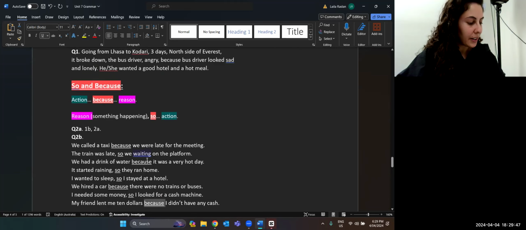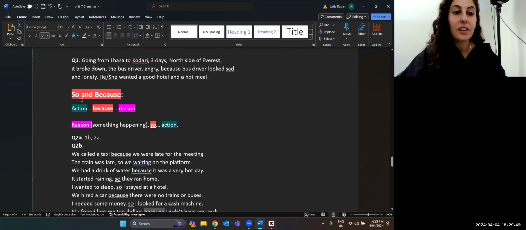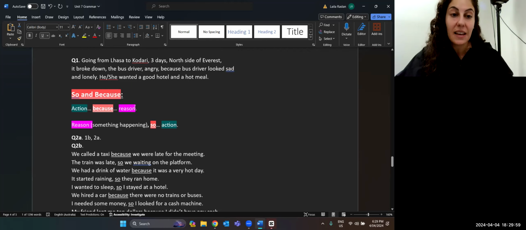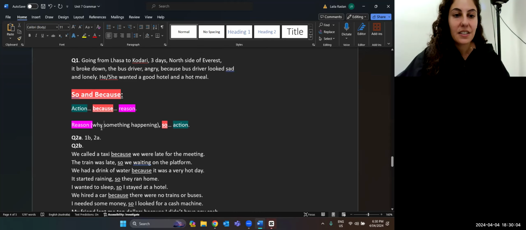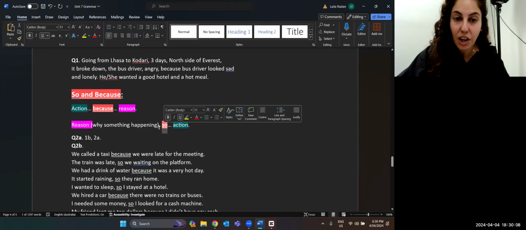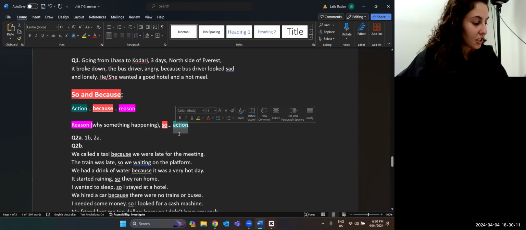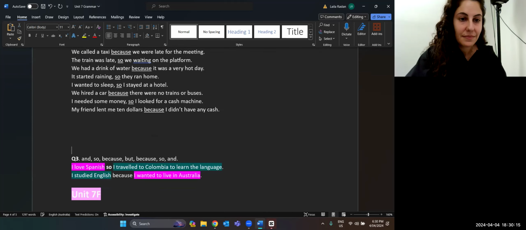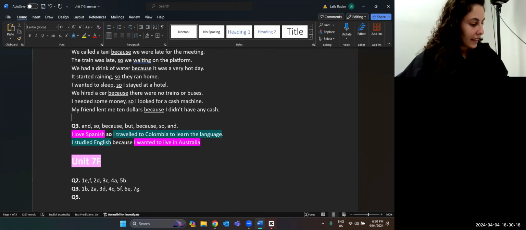Okay, so really important when we write, we've got these two words, so and because, which are in the middle of the sentence. Remember, when you say because after the action, it's because you're going to say why something happened. And sometimes you can start with why and then say so, but you need to have a comma before. And then what was the action? So let's do number 3 together.